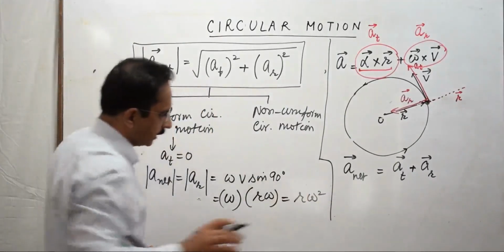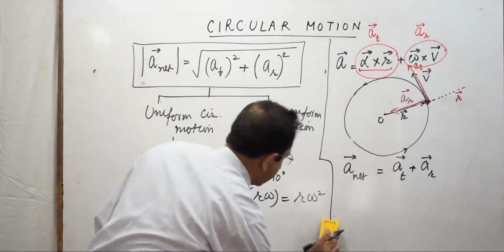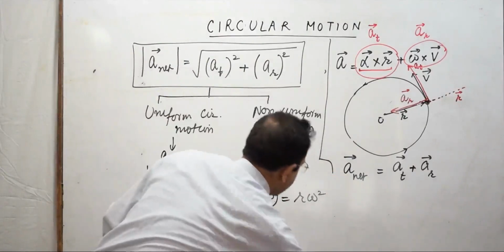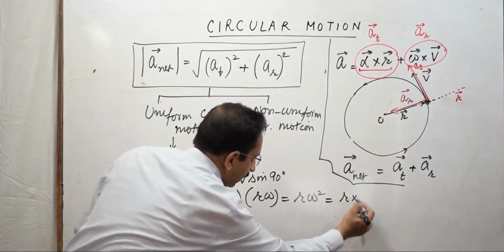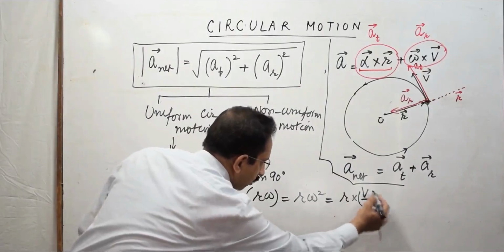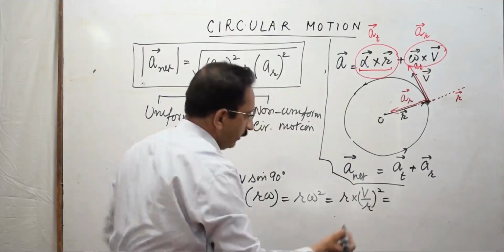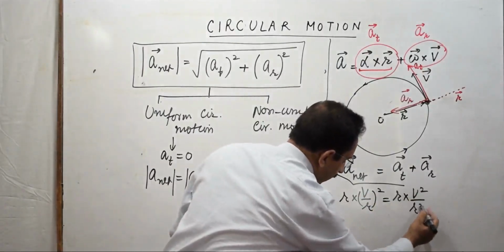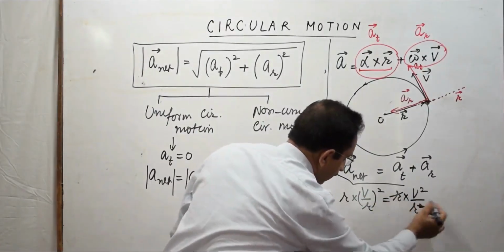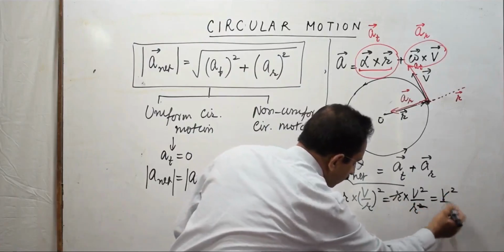You can also put it like this, अगर मैं ओमेगा की जगह v by r पुट करता हूं, so omega is equal to v by r, this will be r multiplied by (v by r) whole square, so that will be r into v square by r square, so r gets cancelled, so this will be equal to v square by r.